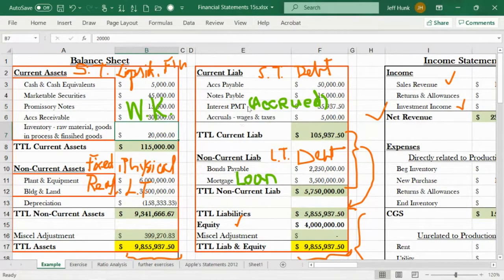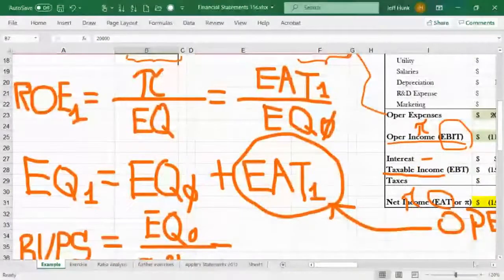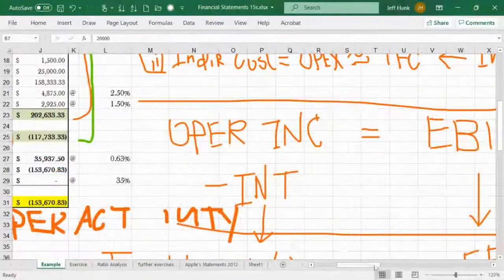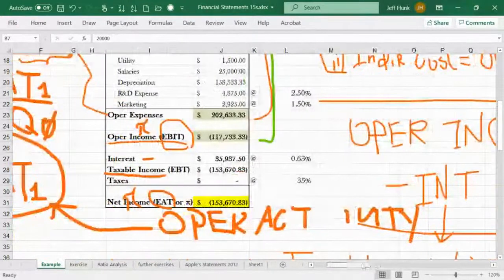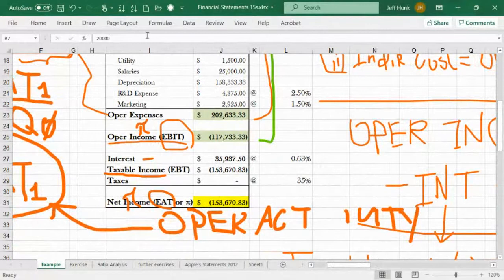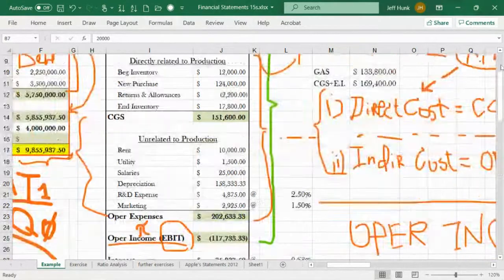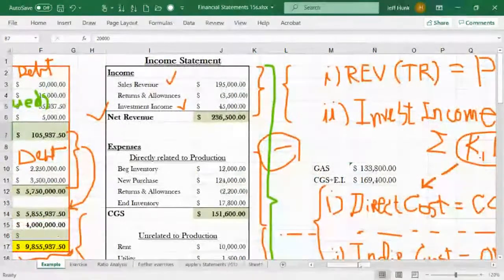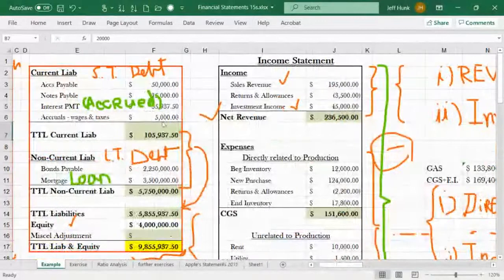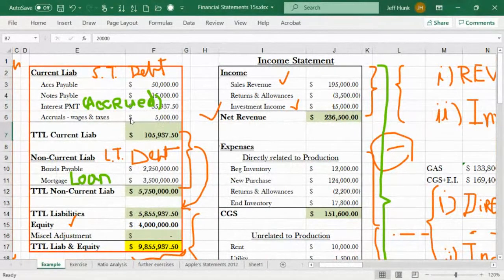But then I separated it because that line item must match this line item, right? Accrued wages and accrued taxes, right?